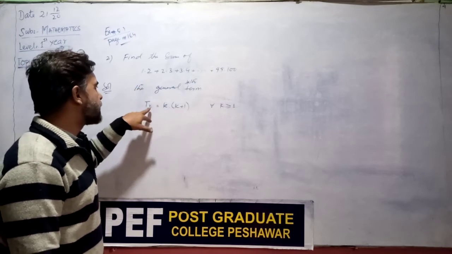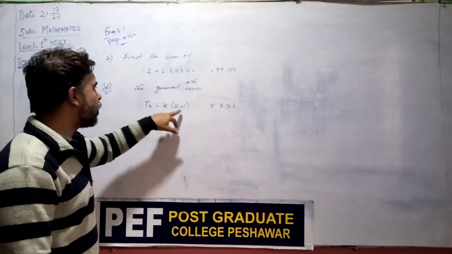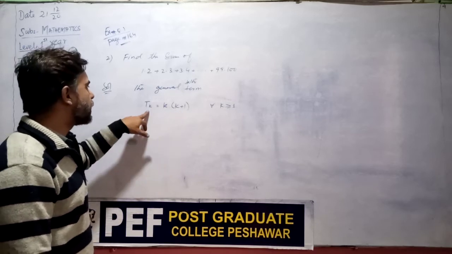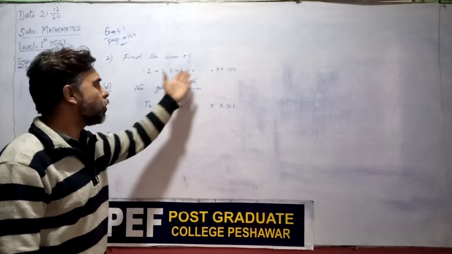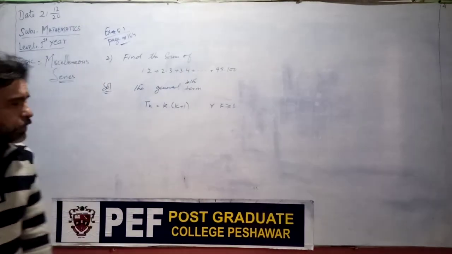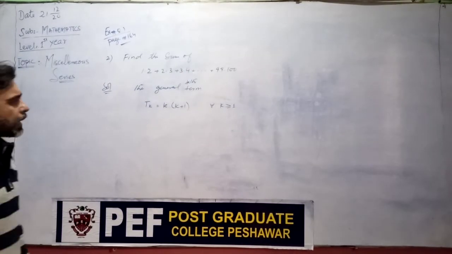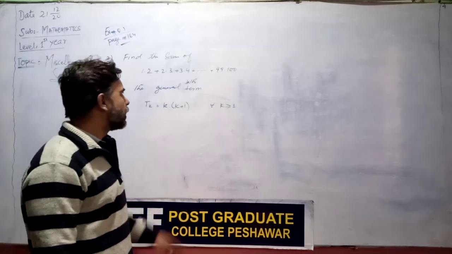For k equal to 2, t2 is 2·3. For 3, this is 3·4. So the whole series is represented by this general kth term.